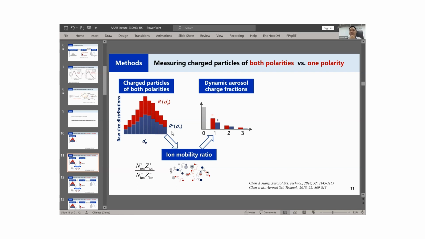If we really want to get this fraction right, we should have the idea that there is no so-called fixed stationary charge distribution, even if you wait long enough for that process to happen, because the ions are changing. I'm not sure I made this point clear enough. Yeah, thank you.